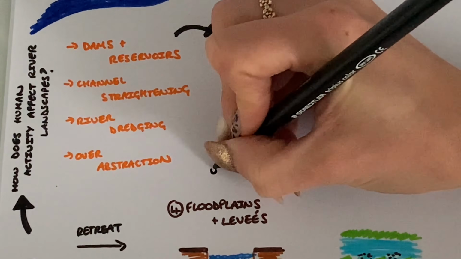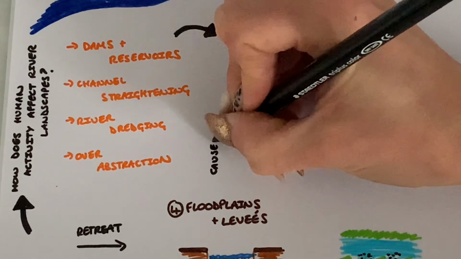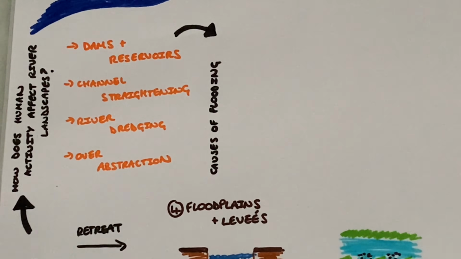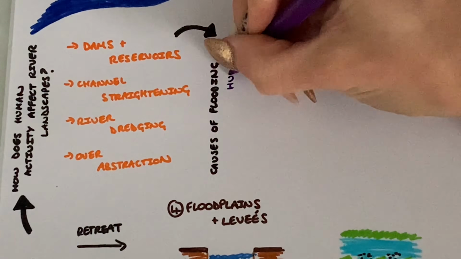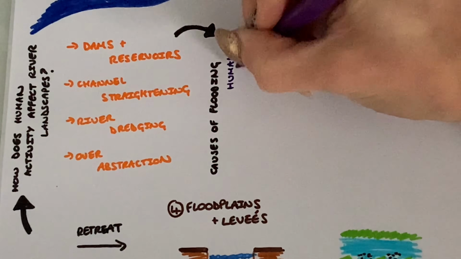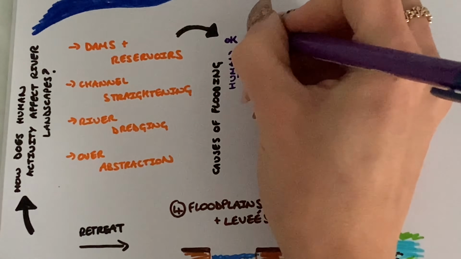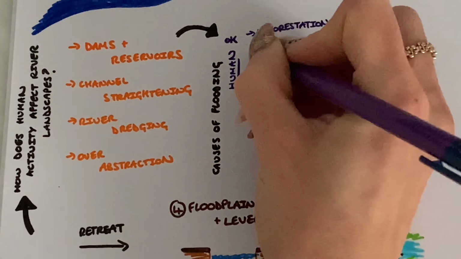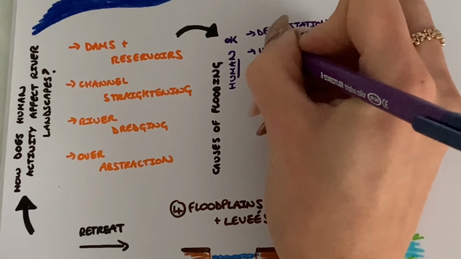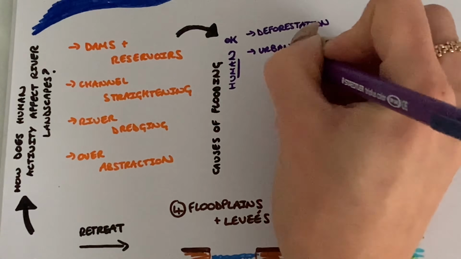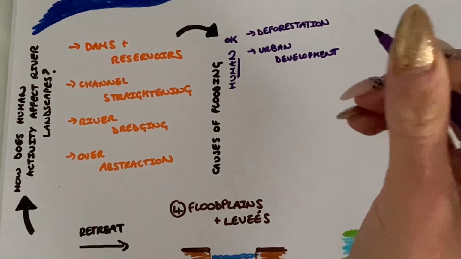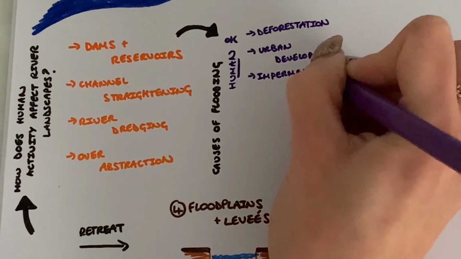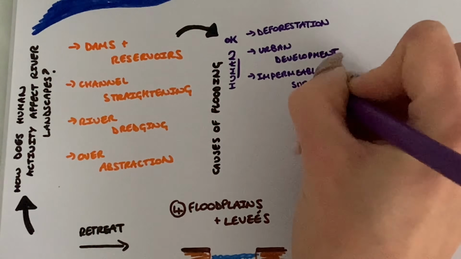So if we then start to think about the causes of flooding, there are several factors that can cause rivers to flood. River flooding typically happens when there has been heavy precipitation, but we also have human and physical factors that increase the risk of rivers flooding, such as a human factor, deforestation and removing trees, which prevents interception and encourages surface runoff to take place.